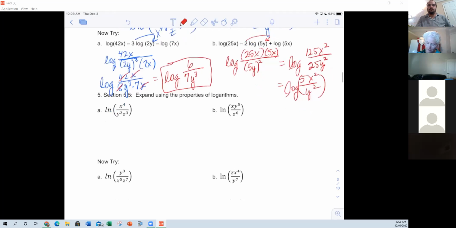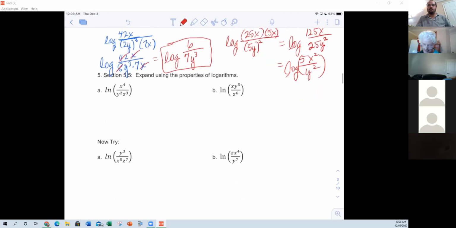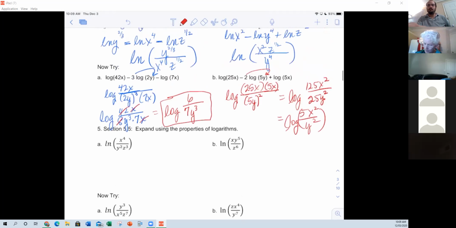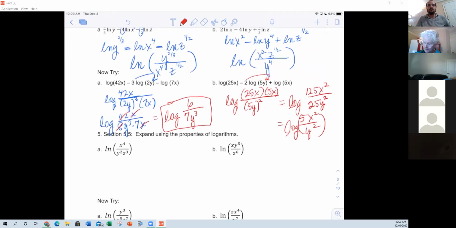All right, now the reverse way. How did you get 25y again? Oh, because the square goes on the 5 and the y. Oh, okay. Yeah, if there's parentheses, which there should be, that means it goes on.